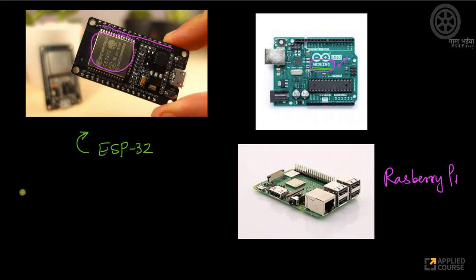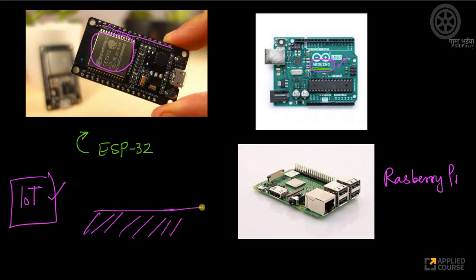Okay, if you ever want to build an IoT application, for example, imagine you want to build an application where you place a small chip in your garden or in a farm. Let's assume this is my farm, and this is my ground level.